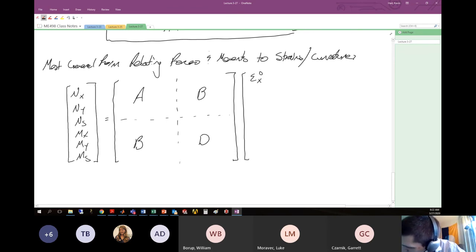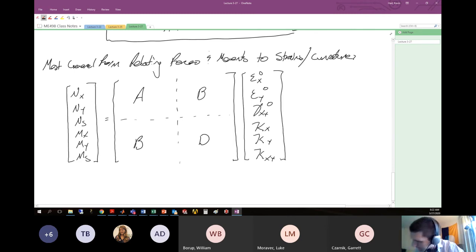This here is epsilon x 0, epsilon y 0, gamma xy, midplane. Here this is kappa x, this is kappa y, this is kappa xy. Okay, so this is a full relationship between the forces that we apply and the strains that develop. These are the forces and moments applied.